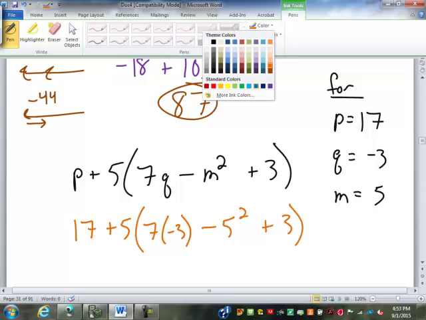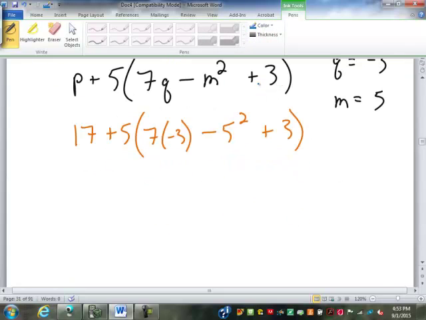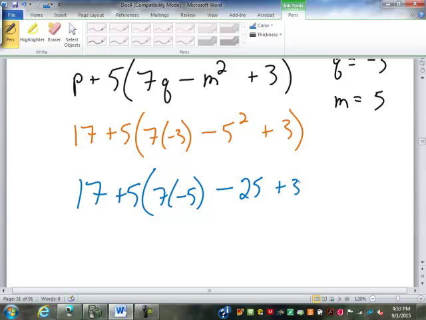So now, what do we do first? Perfect. In the parentheses, we do 5 squared first, which is going to be 25. Now, there's this minus in front of it. Does that have to go away? No, we were subtracting 5 squared. So the 5 squared happens first to get the 25, and then the subtraction is still in front of it.